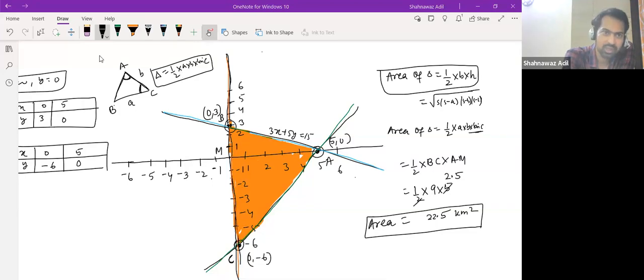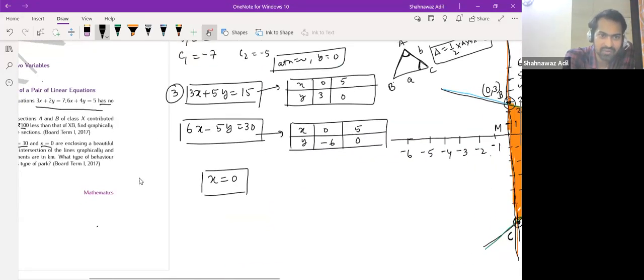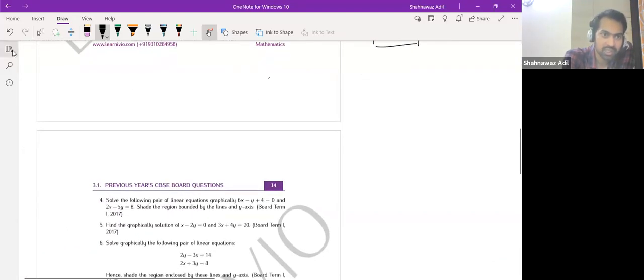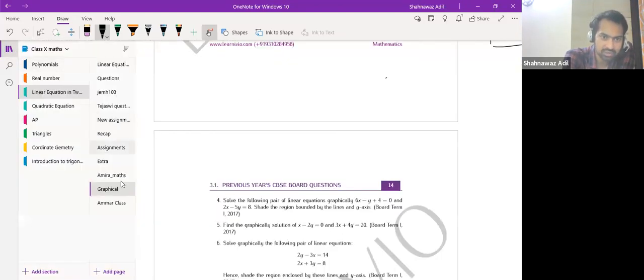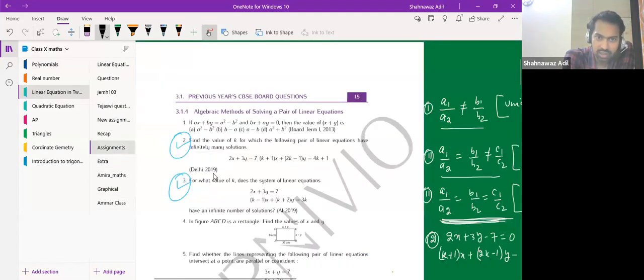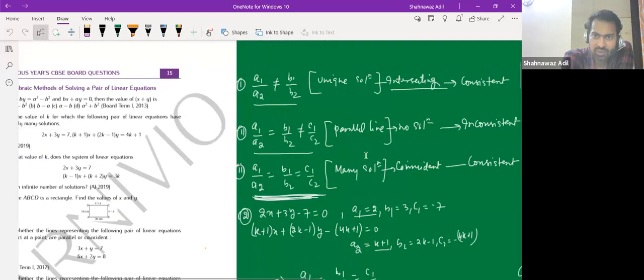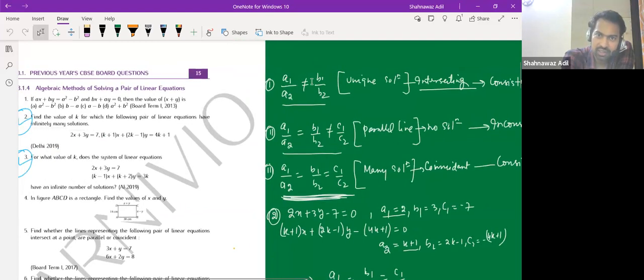Now let us move on. This was graphical solution and graphical representation. The next topic is algebraic solution. For the algebraic solution, we already know that the coefficients should follow these conditions.